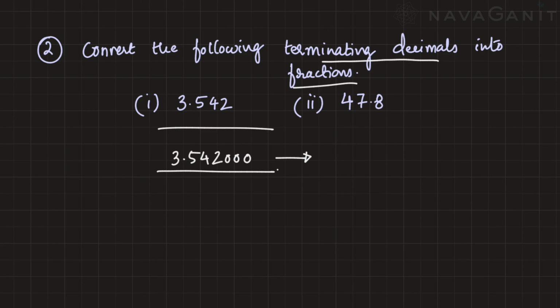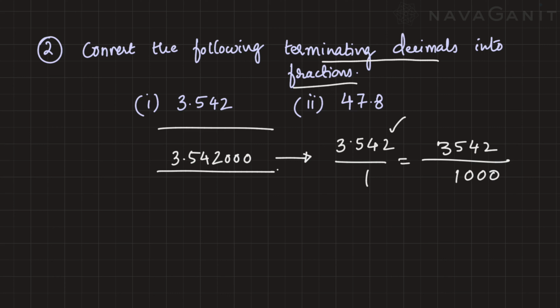So 3.542, I can write it as 3542 upon 1000 by multiplying the numerator and denominator by 1000.